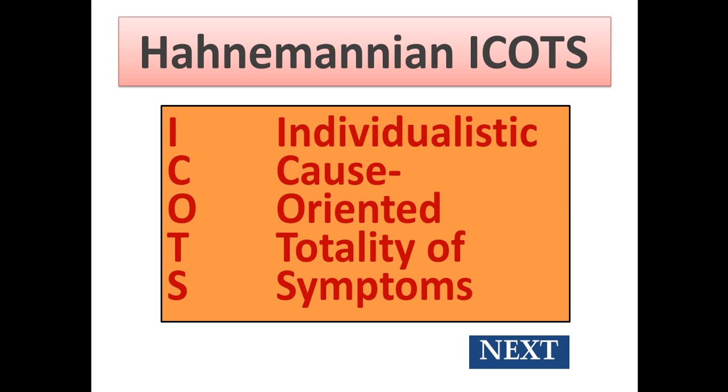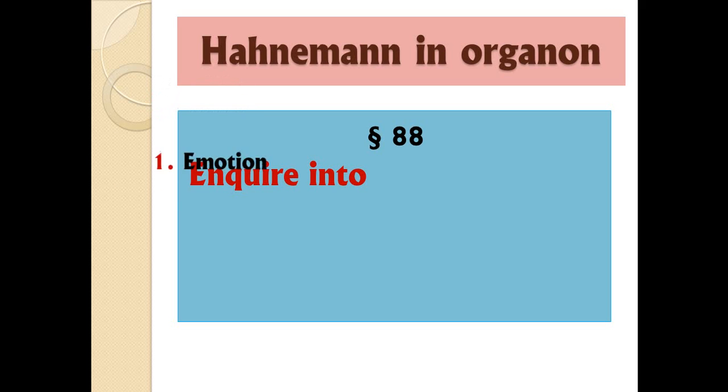That is why history taking is important, because a patient does not remember. He is to be taken down the memory lane. You have to take him back and back and back, so that you remind him and try to relate this. So cause oriented, that is the event which took place earlier, and totality of symptoms. Under this, let us see.